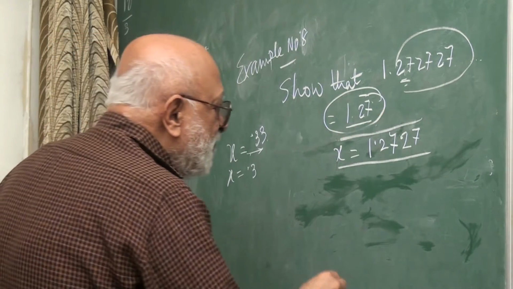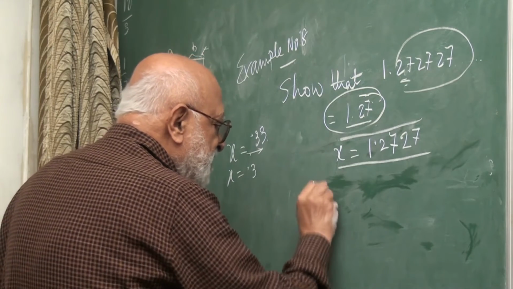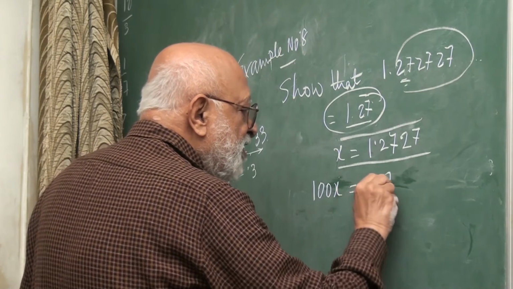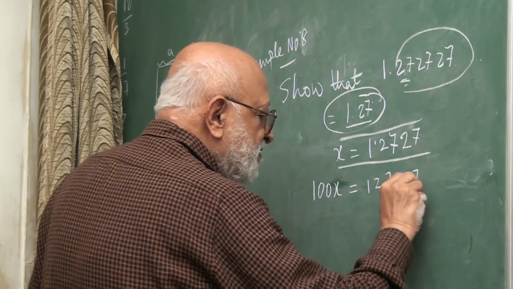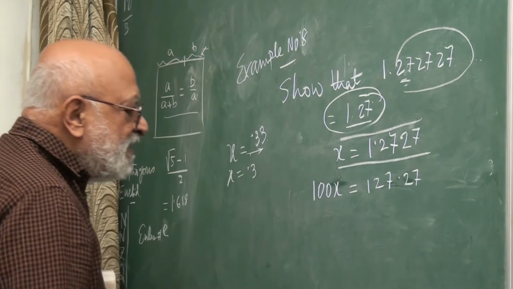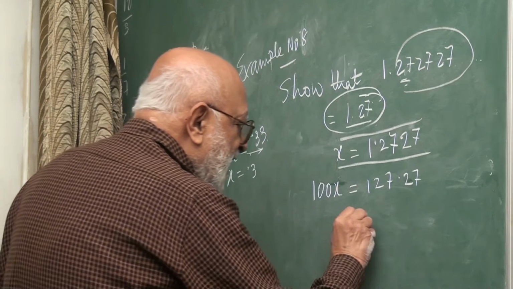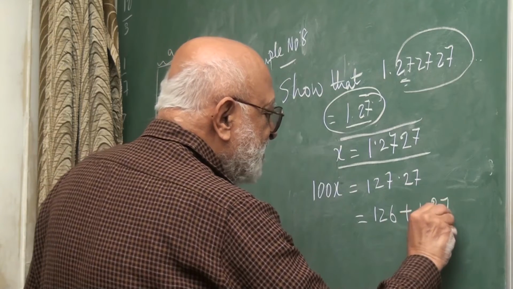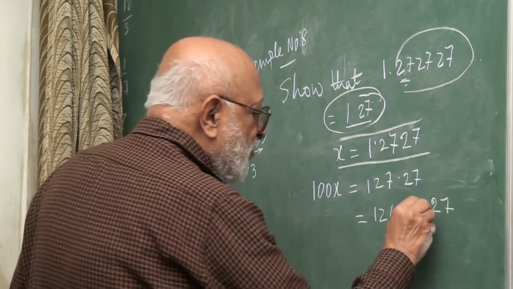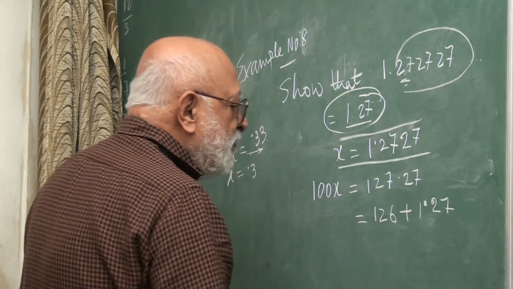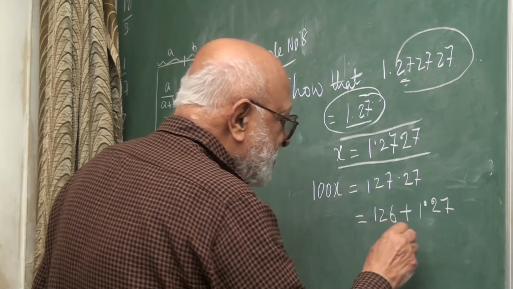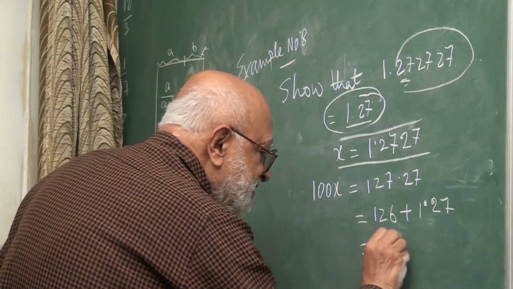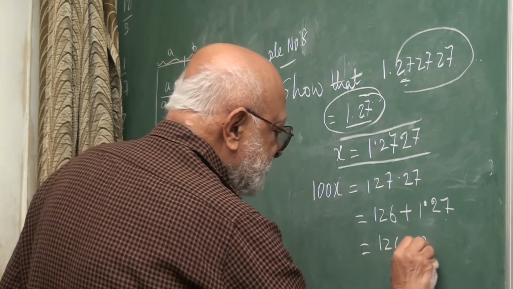Now you multiply it by 100 on both sides. 100x is equal to 127.27. So I can write this as 126 plus 1.27, right? So this is recurring. I will take it as 1.27, so this would be 126 plus x.